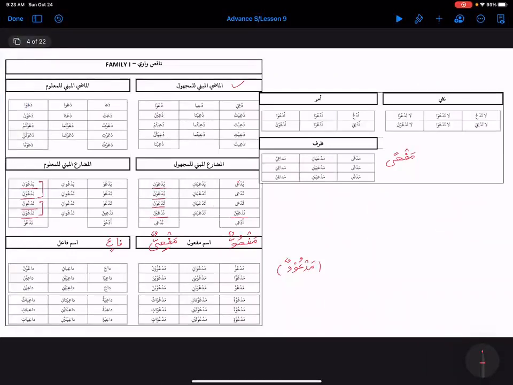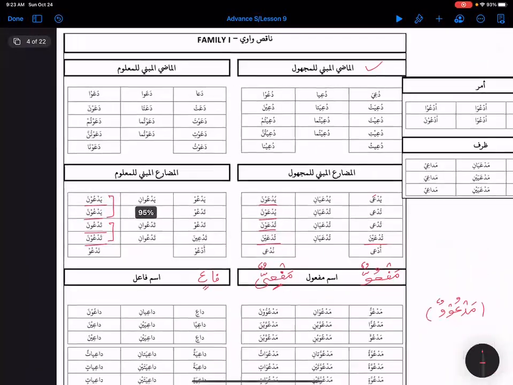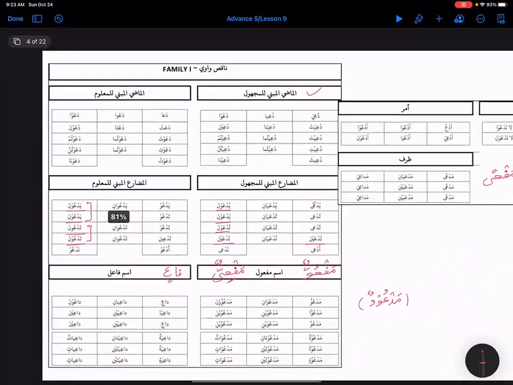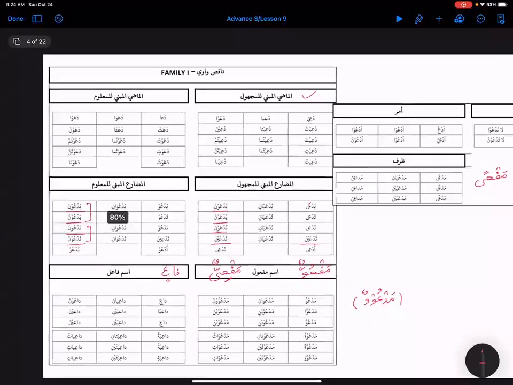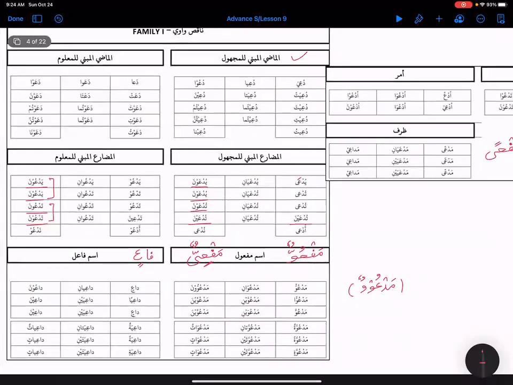And now we have the sarf kabir, the whole thing of the word da'a. Okay, who can do that for me? Madi, what's going on in madi and mudari?